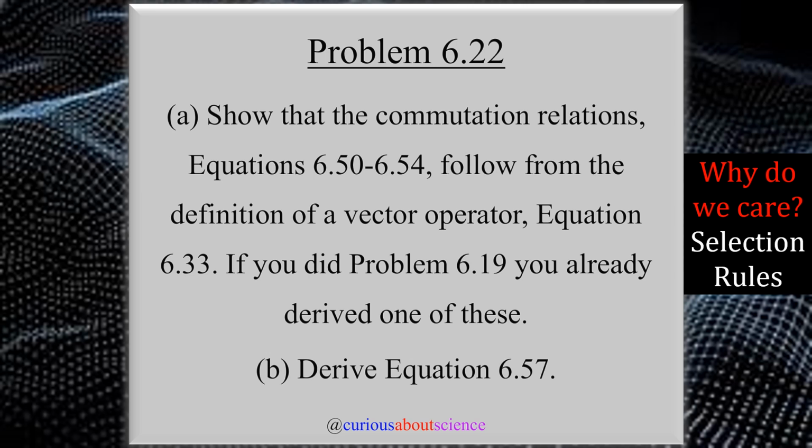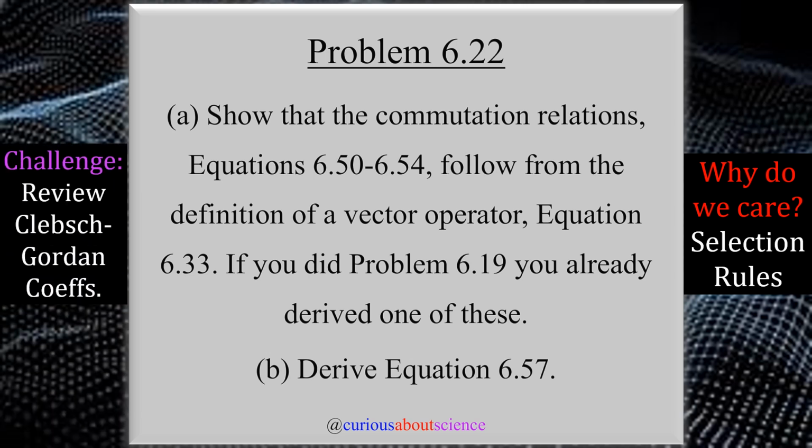So the challenge for this video is to review the Clebsch-Gordan coefficients, because they tie into these vector operators in angular momentum, as you probably could have forecast based on what we did in Chapter 4 and how angular momentum keeps playing a big role here.